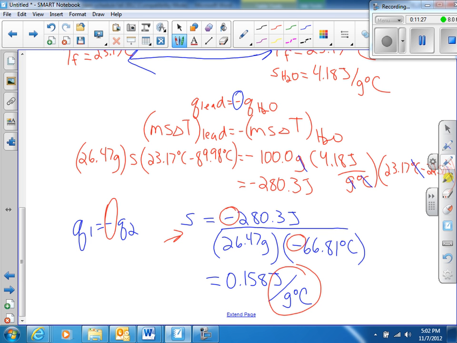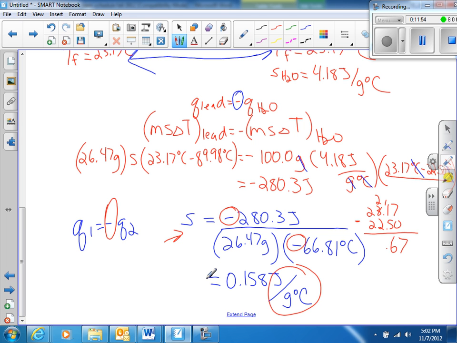Why did I keep only 3 sig figs? Because when we do our 23.17 minus 22.50, actually, we should only keep 2 sig figs.